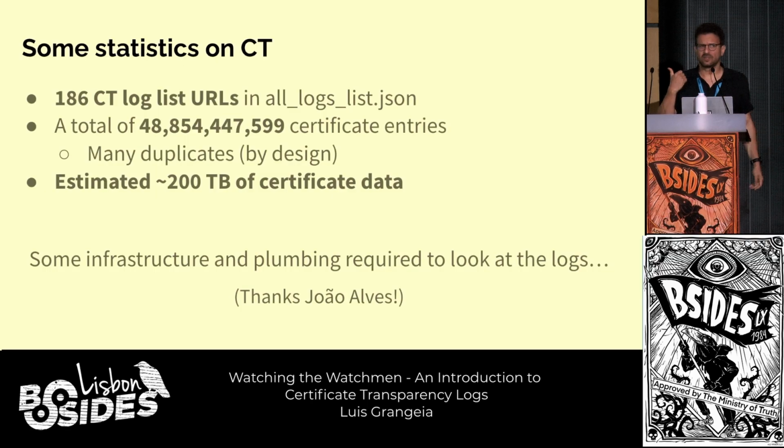But it's a lot of data. With very back-of-the-envelope math, it's about 200 terabytes, so if you want to download it, it will take you a while. We built some infrastructure and plumbing at BitSite, and thank you to João, who is here in the audience, who helped a lot with that. I would not be able to give this talk without the data that he collected. It's a lot of data, but it's interesting data, I think.